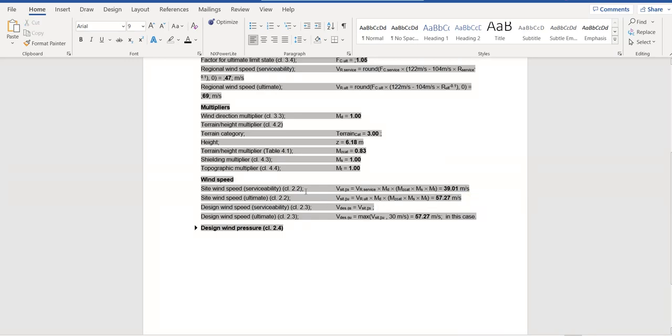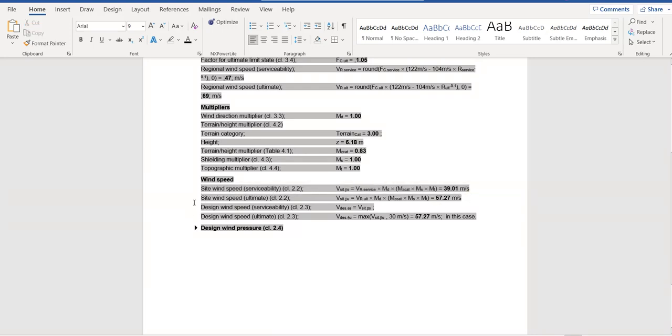Now, we need both the serviceability and the ultimate values because when we go for column deflection, we have to apply the serviceability limit states.